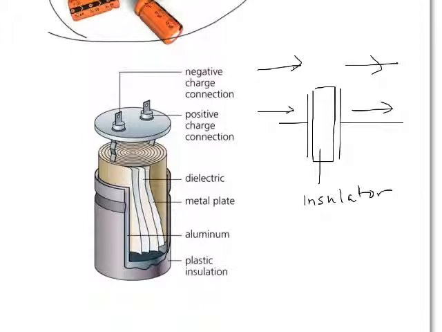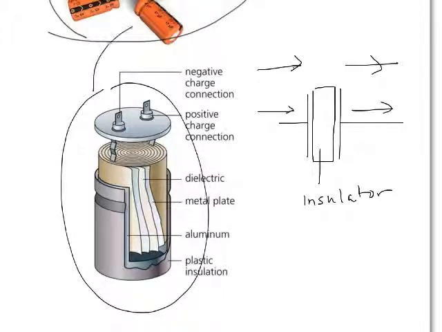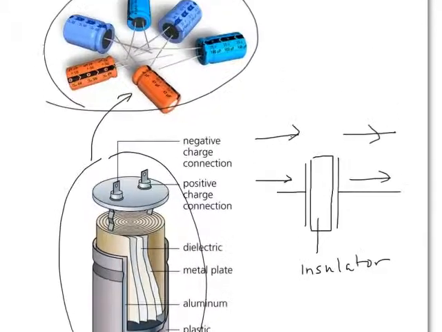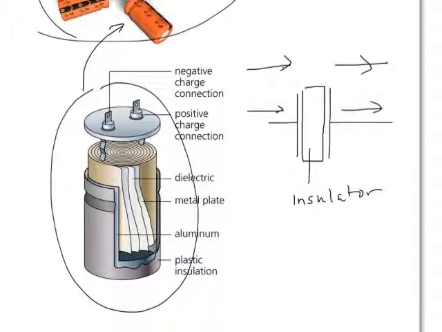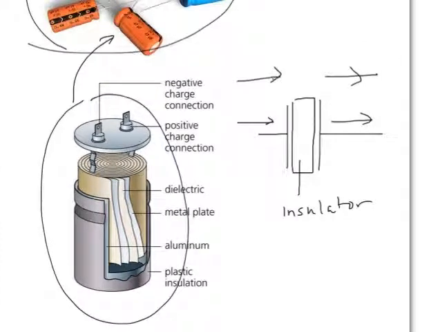Most capacitors are rolled up tightly into a ball like this one. That's what gives it its cylindrical shape that you see above. The larger they are, the more charge they can hold. And you have a metal plate, which I can show on the simplified model here.